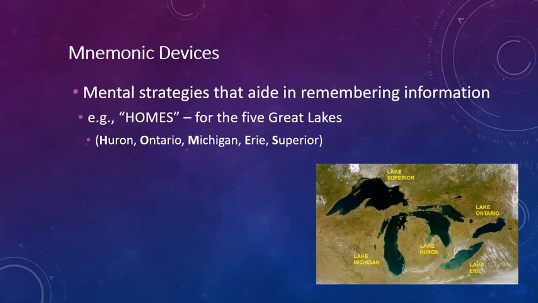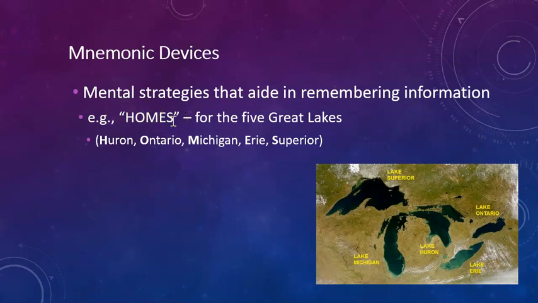Now, there's a lot of different types of mnemonic devices, and again, these are mental strategies that aid in remembering information. So it helps us encode information, and then it also helps us recall the information. So another example would be the word HOMES. And this is an anagram.